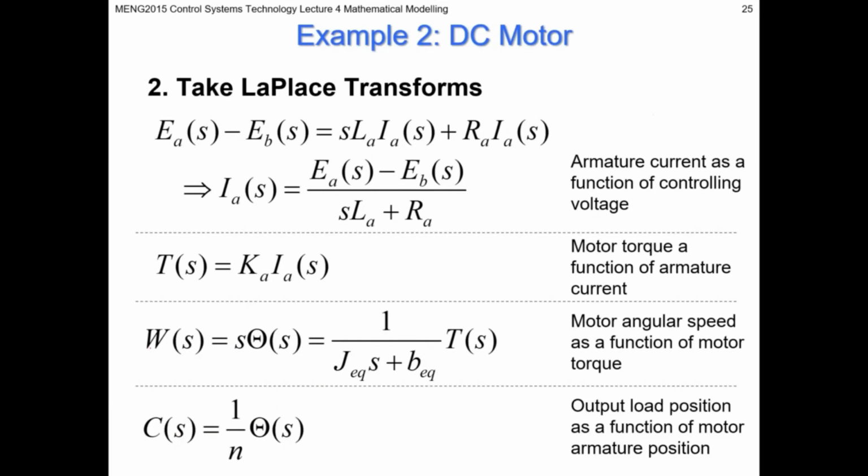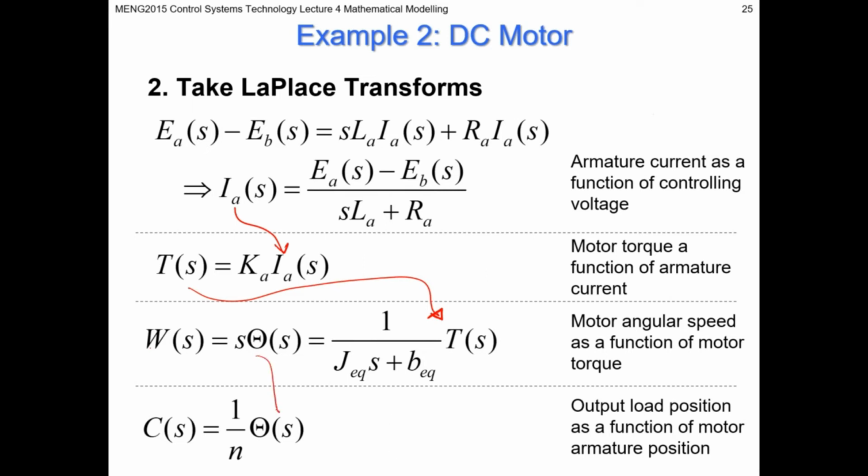Finally, our output load position. We have theta as our motor shaft position. No, sorry, C is our motor shaft position, theta is our output position. You see what we have here, we kind of have a cascade of relationships where our I goes into here, our T goes into here, right?